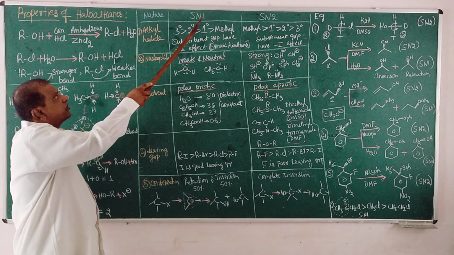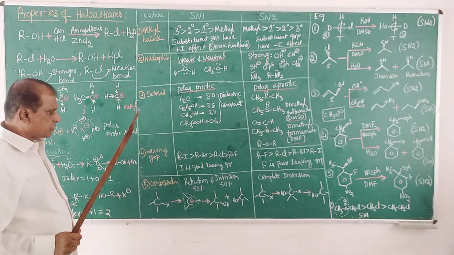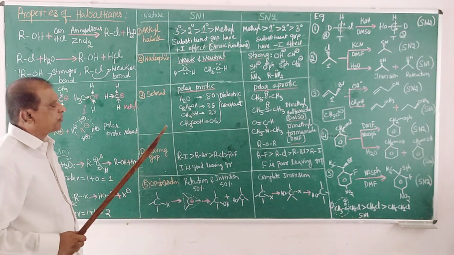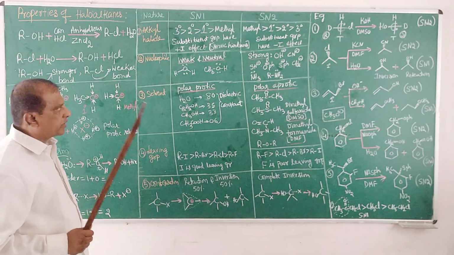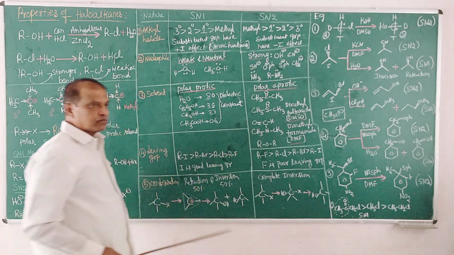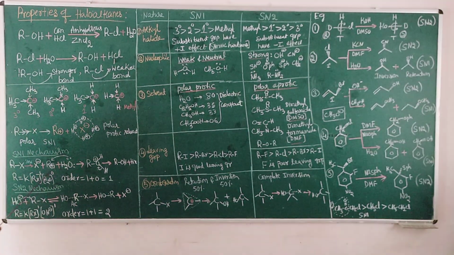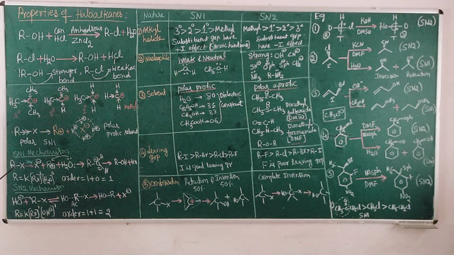If this mechanism takes place, what kind of configuration do we get? Because the geometrical configuration of the molecule is also important. With this mechanism, the chemical bond breaks forming a carbocation.